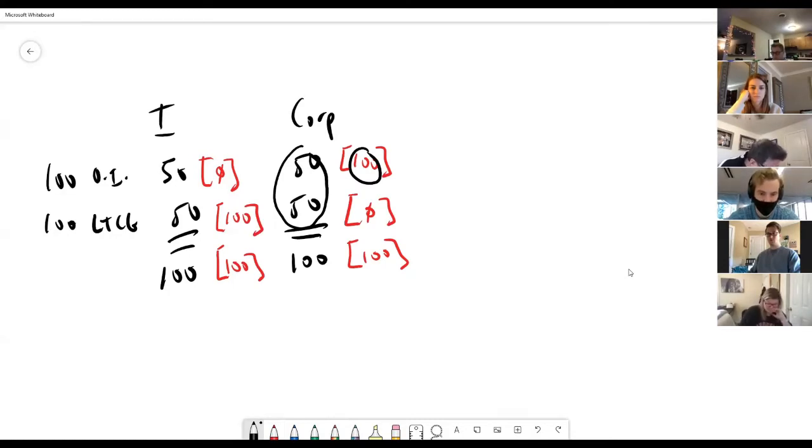So the corporation's tax liability is the same. The individual goes from having 50 of OI and 50 of long-term capital gains to having 100 of long-term capital gains. So the individual shifted 50 of ordinary income to 50 of long-term capital gains. That's going to reduce the individual's tax liability. So this would flunk shifting as well.